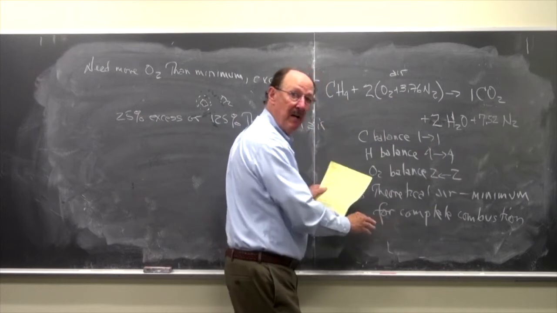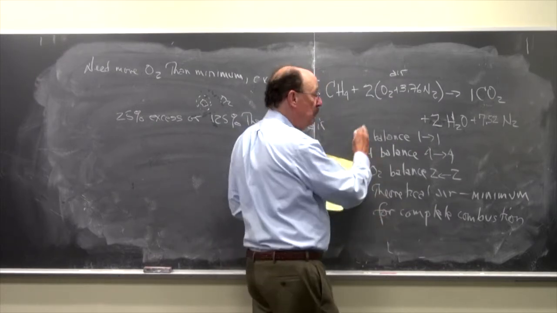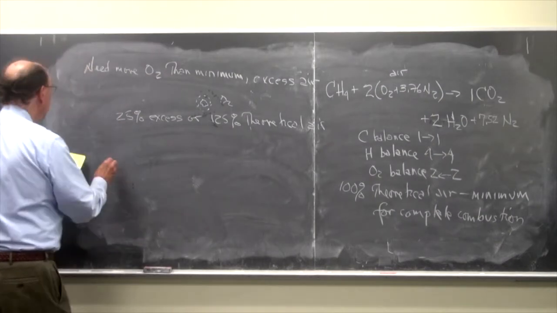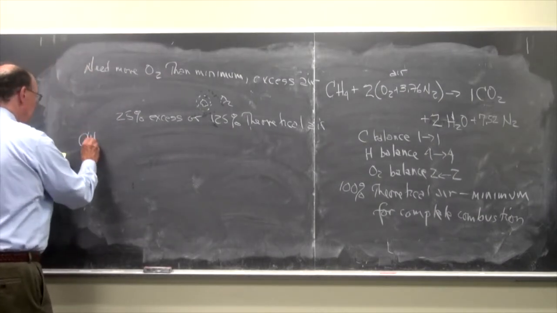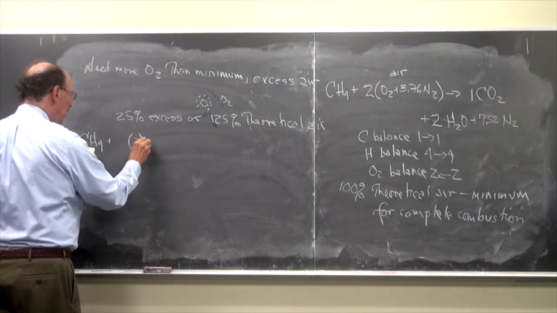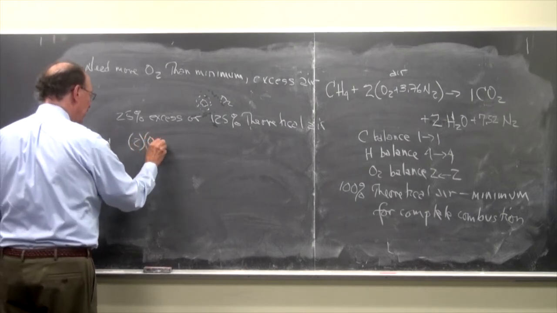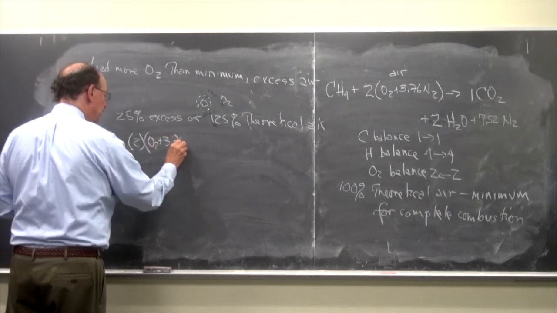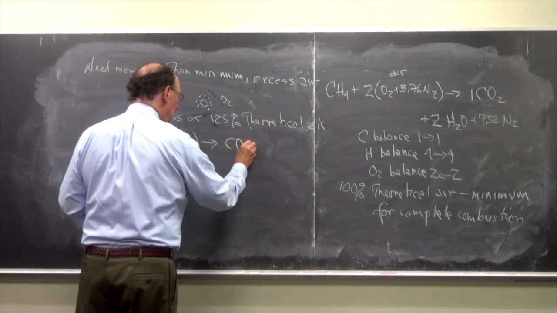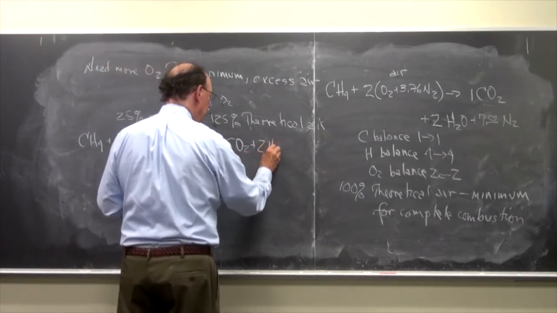So we balance it for 100%, and then we compensate for what's left over. So let's rewrite that: CH4 plus 2 times (O2 plus 3.76 N2) yields CO2 plus 2H2O.